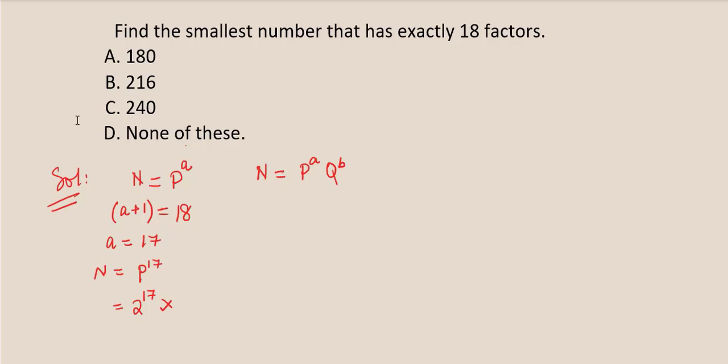So what are the possible factors of n? It is a plus 1 times b plus 1, which equals 18. Now see, if I write 18 as a product of two numbers, it could be written as either 2 multiplied by 9, or 3 multiplied by 6.